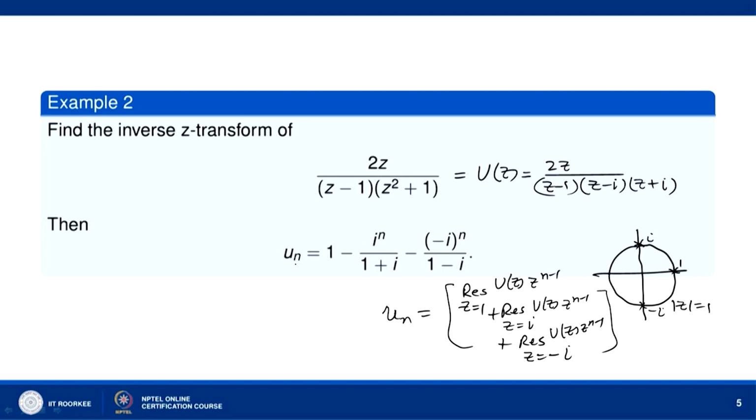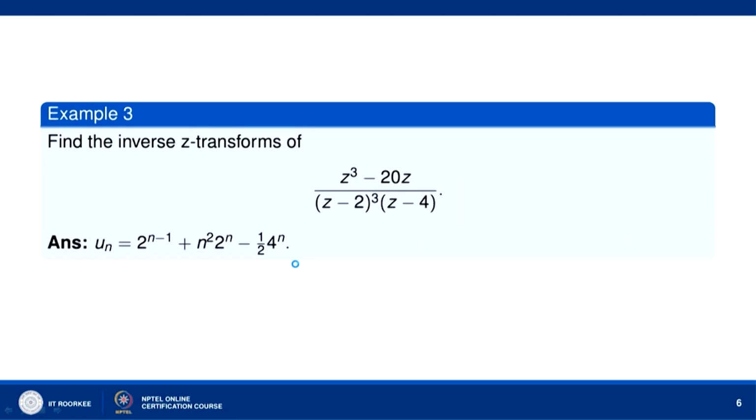Now, let us go to find the inverse Z transform of z cube minus 20 z over z minus 2 whole cube into z minus 4. Now, here you can see we have a pole of order 3 at z equal to 2 in the denominator, and a pole of order 1 at z equal to 4.